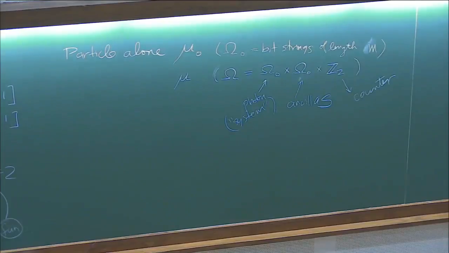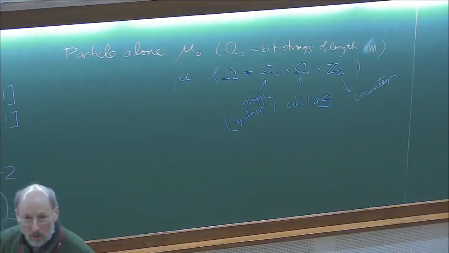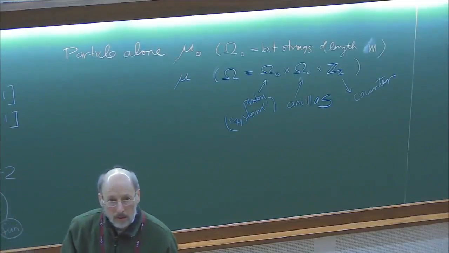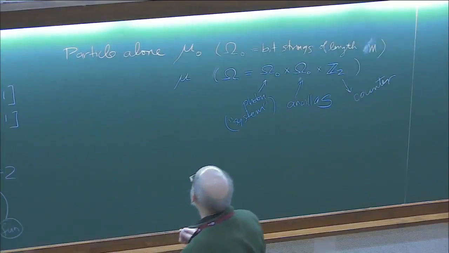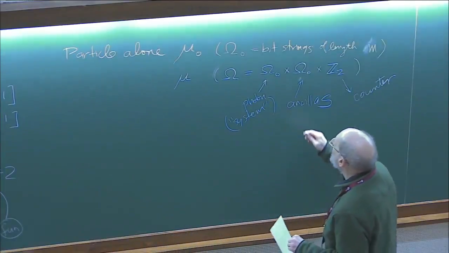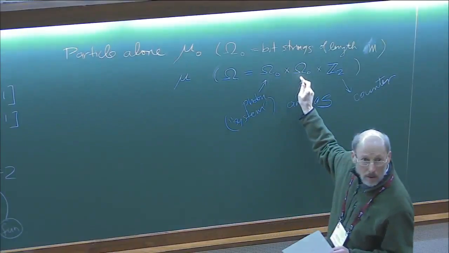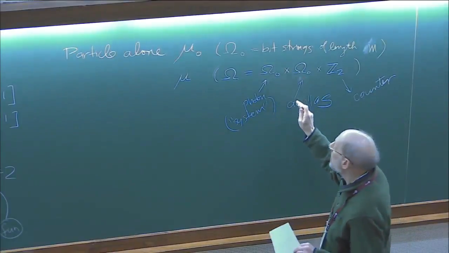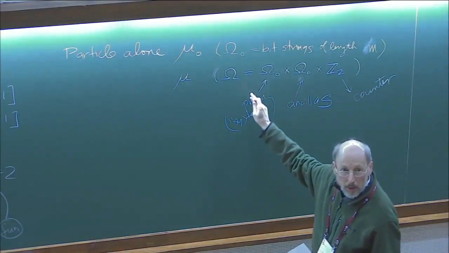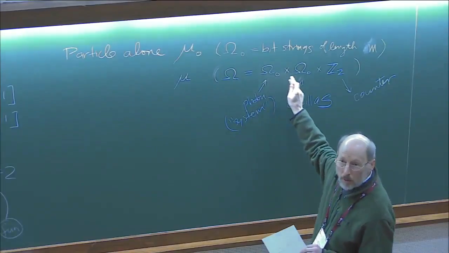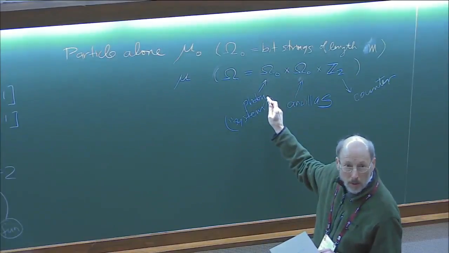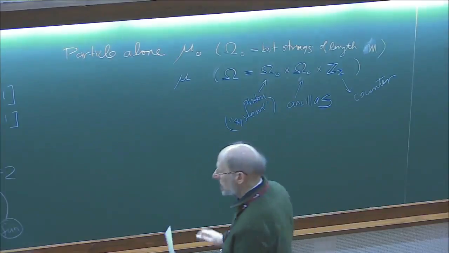But in the second stage, there will arise amplitudes for the ancillas not to have the same history as the particle anymore. That's involved partly in the forgetting. So at least there's no harm in regarding these two as independent parts of the history. And in fact, we need to regard them as independent parts of the history when we come to the second stage of the measuring process. It should hopefully become clear.